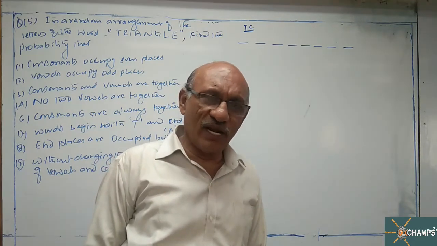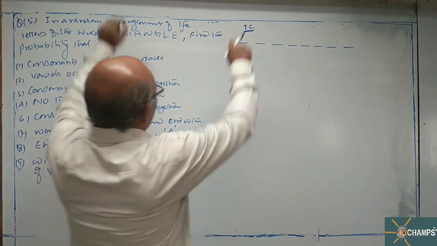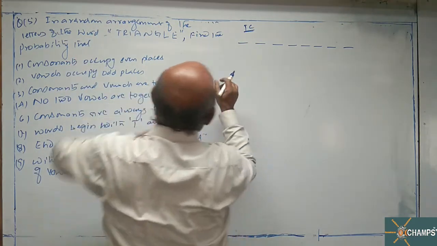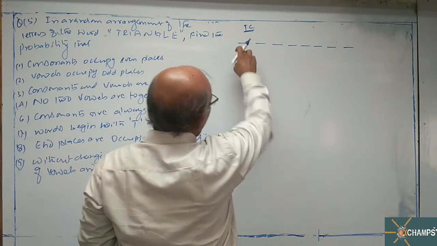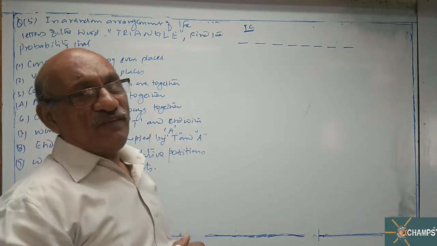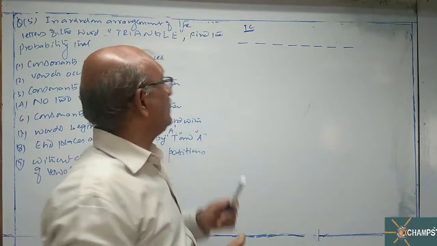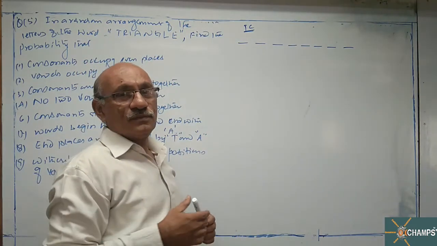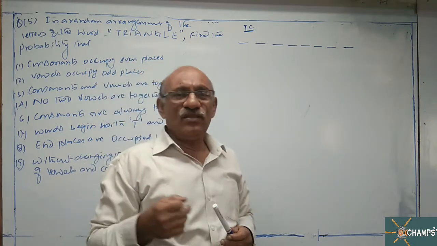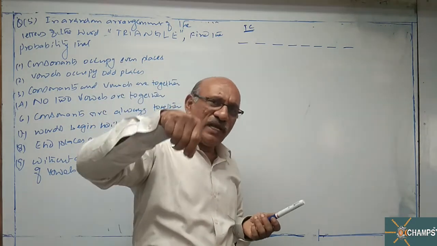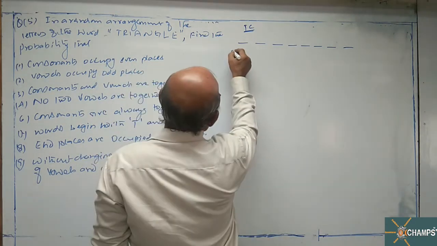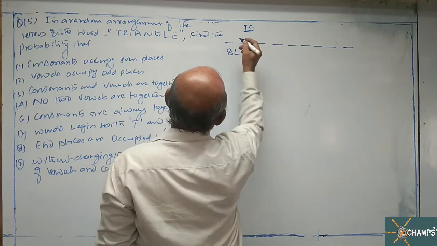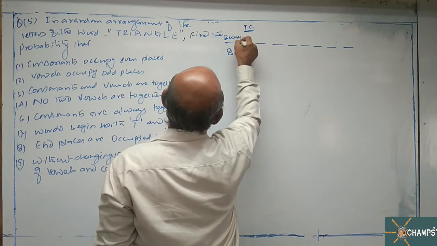Therefore, 8 places are required. Concentrate on the extreme left place. In how many ways I can fill up this place with the letters of the word triangle? Since triangle is having 8 letters, you can put any letter here. This place can be filled in 8 ways.